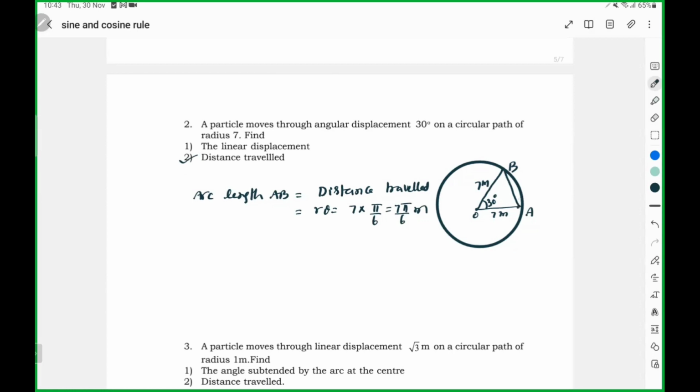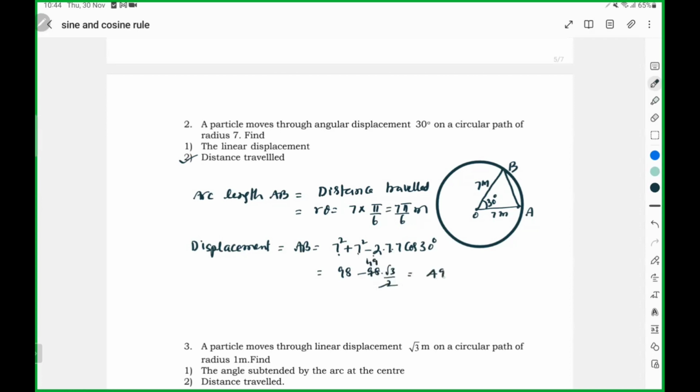Displacement means the shortest distance between A and B. Displacement AB, by using cosine rule, is the sum of the remaining two sides squared minus 2 times 7 into 7 into cos 30. 49 plus 49 is 98, so 49 into 2, again 98, cos 30 is root 3 by 2.